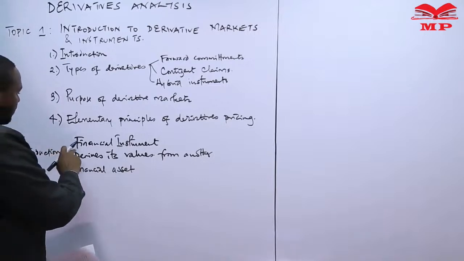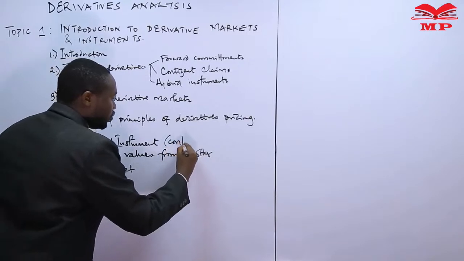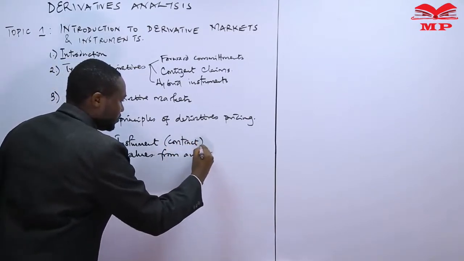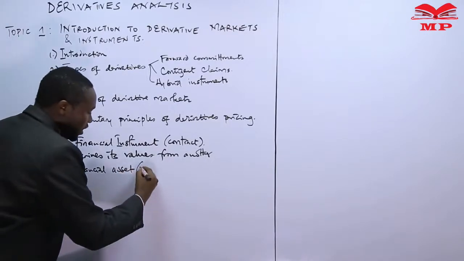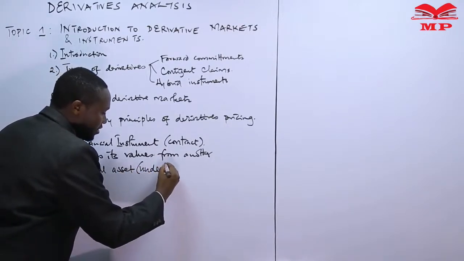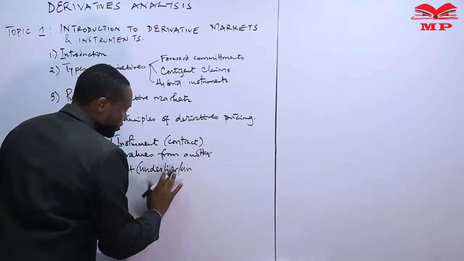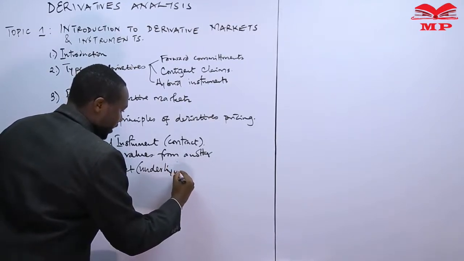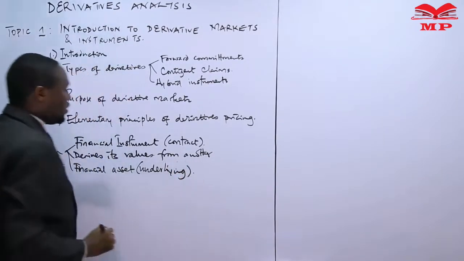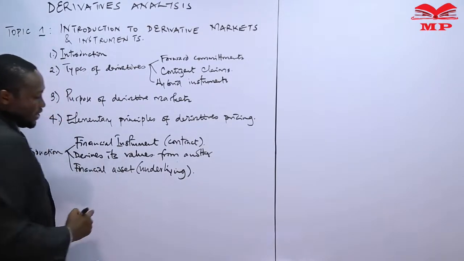So this derivative, that's a financial instrument, is in the form of a contract. And this other financial instrument, we are calling it the underlier or underlying. They are called the underlying. And what is this financial asset?